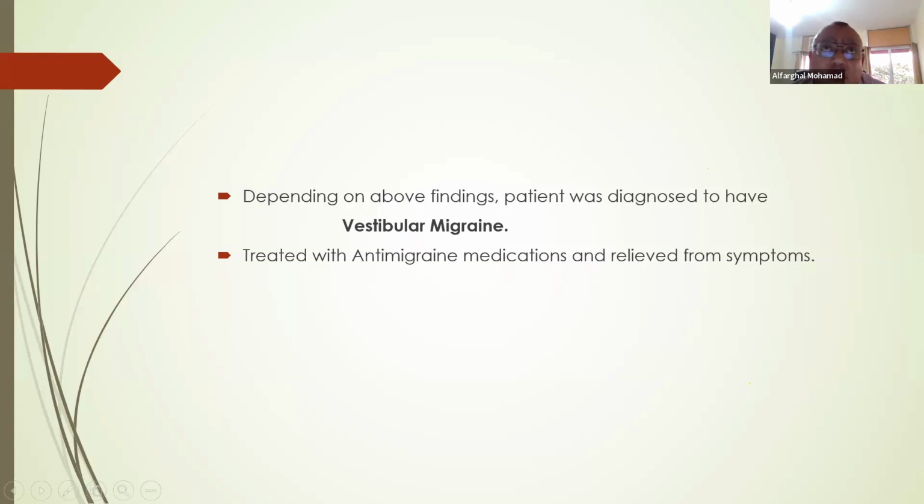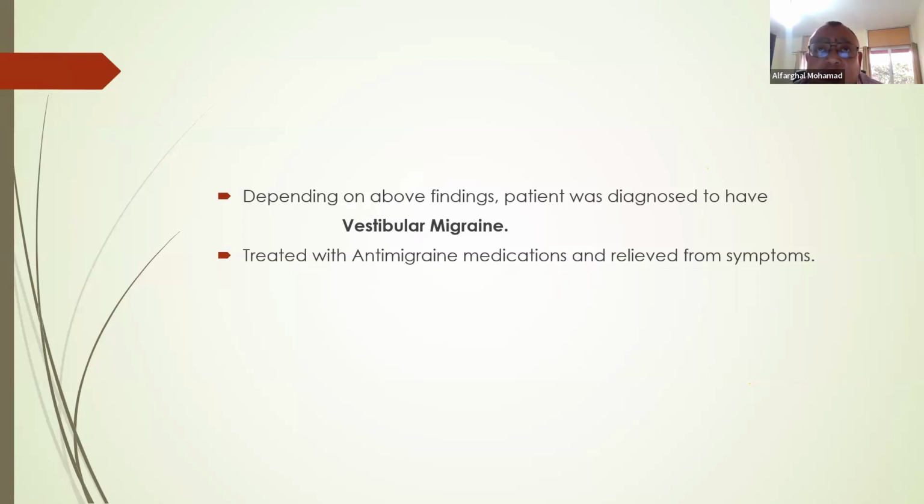One of the advantages of using a video nystagmography system is that it helps you sometimes to determine the direction of nystagmus, especially in the Cyclops system, which I use personally. It can give you an angular analysis of the direction of nystagmus, so you can know if there is an upbeating component, or a horizontal component, or downbeating, because sometimes in a strong or weak nystagmus you cannot exactly know the direction, and also the duration.